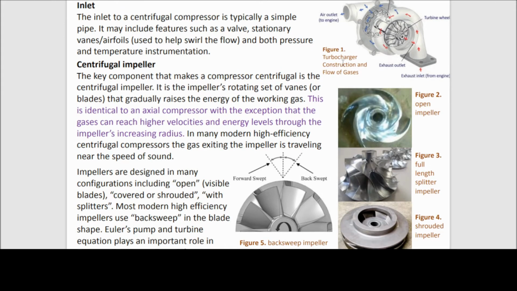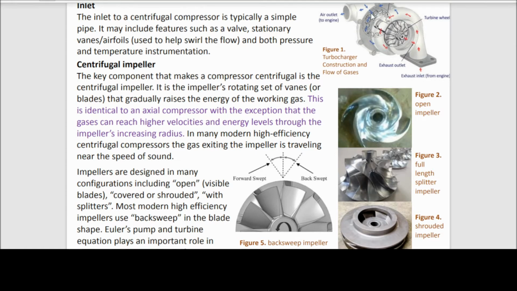So here this is the turbocharger, which we saw in the earlier slide. Exhaust gas from the engine is passed to this turbine. This turbine axle is coupled with the centrifugal compressor, and the work produced by this turbine is given to the compressor.